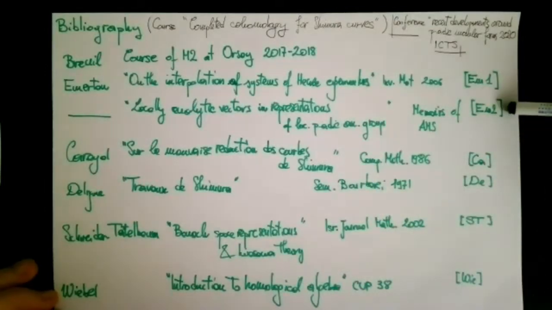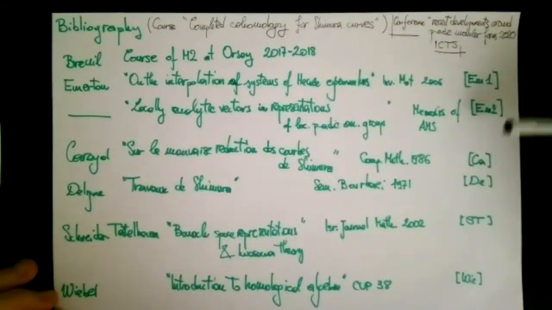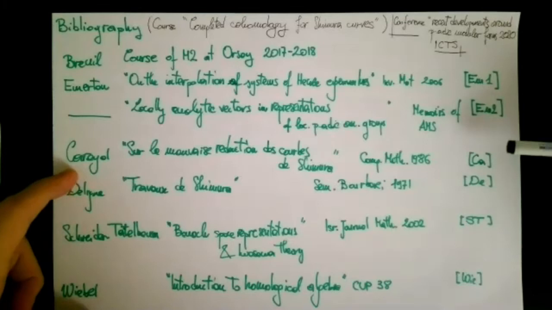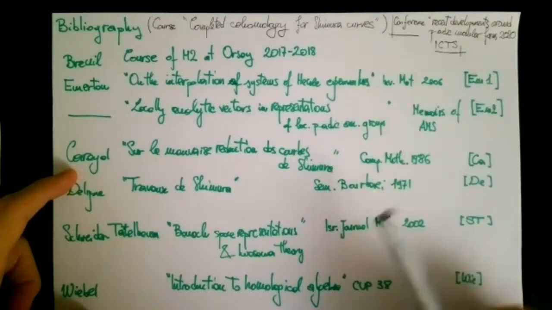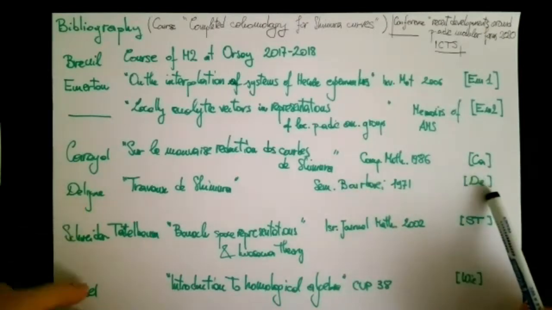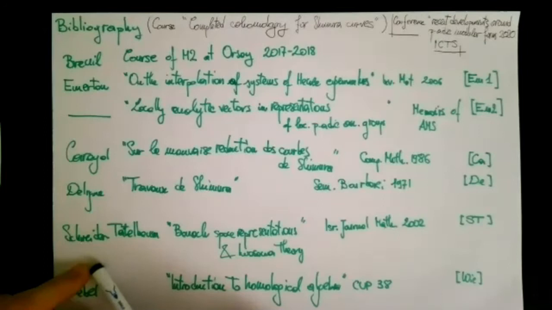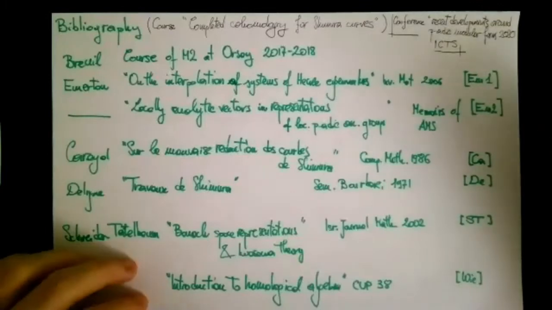Today I will also use this other work of Emerton on locally analytic vectors, the classical reference of Carayol in Compositio 86, the Deligne Bourbaki talk, and also the Schneider-Teitelbaum work on Banach space representations and Iwasawa theory.